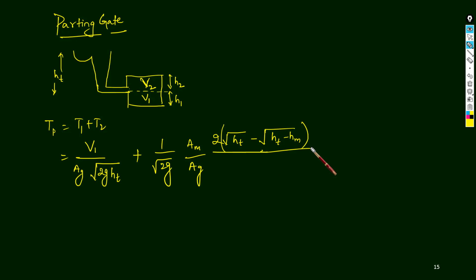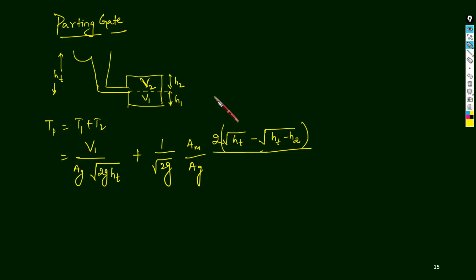This is the expression, and divided by something else, I forgot. Do you remember the expression? Okay, that's enough. So where Ht is known, what about Hm? Hm is h2. So remove this and write h2.